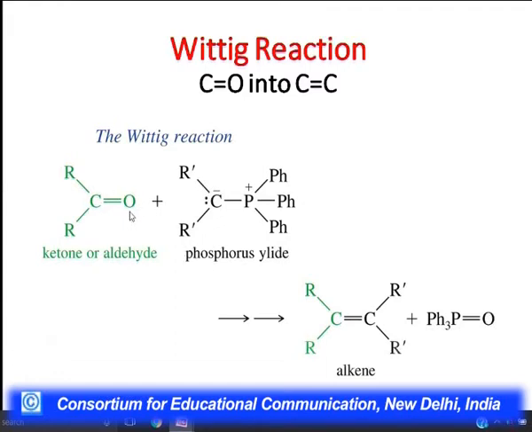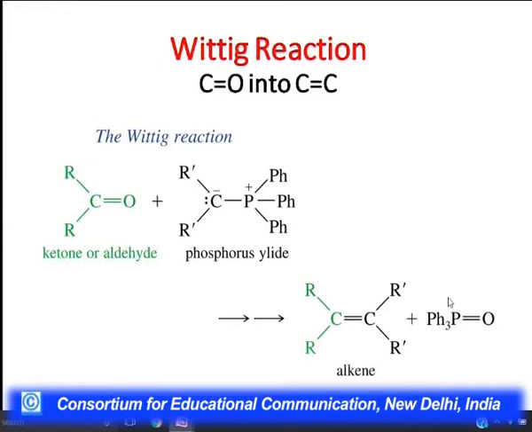We are getting an alkene, and the C double bond O of the aldehyde or ketone is replaced by this part of the ylide molecule, the C negative, which acts here as a carbanion, and the phosphorus part reacts with the oxygen, resulting in the formation of triphenylphosphine oxide.